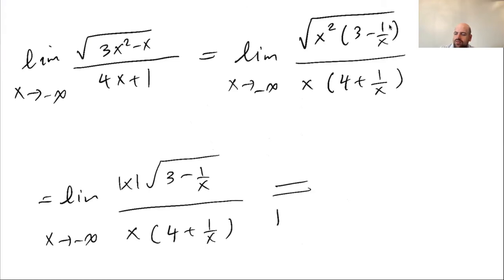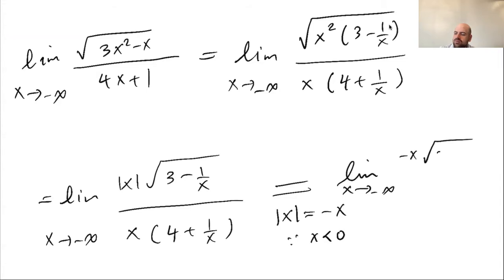Now absolute value x is equal to minus x because x is negative, right? x goes to minus infinity this time, like minus 10, minus 100, minus 1000, and so on. So x is negative, so absolute value x is equal to minus x. So this will be the limit as x goes to minus infinity of minus x times root 3 minus 1 over x divided by x times 4 plus 1 over x.